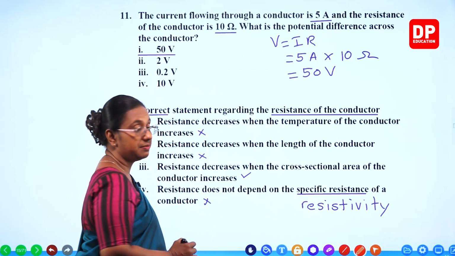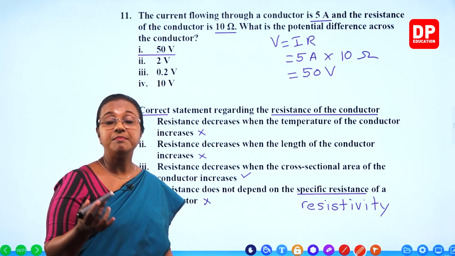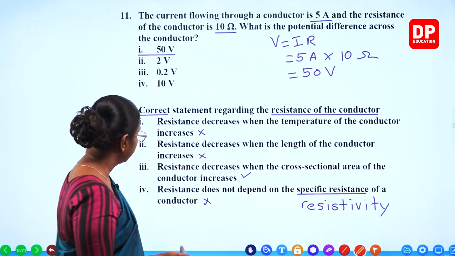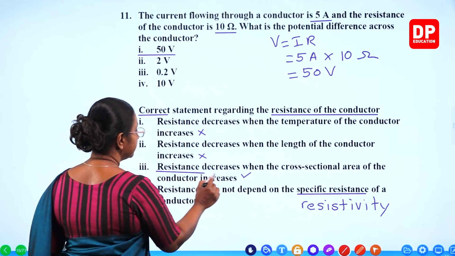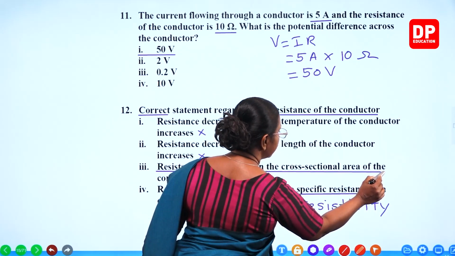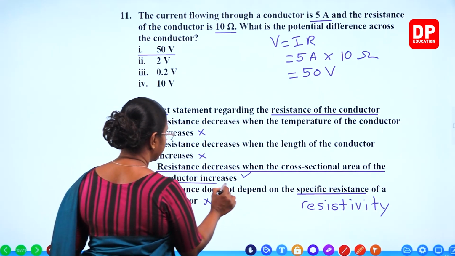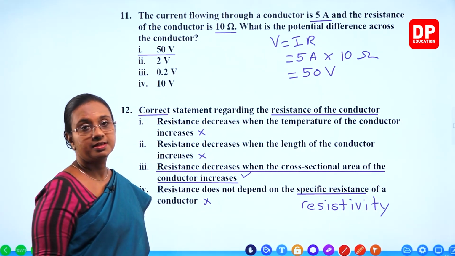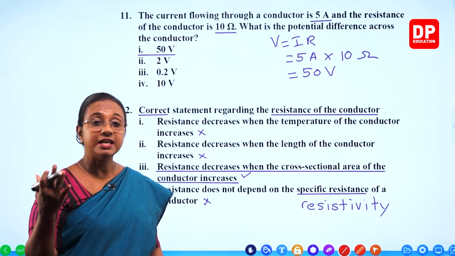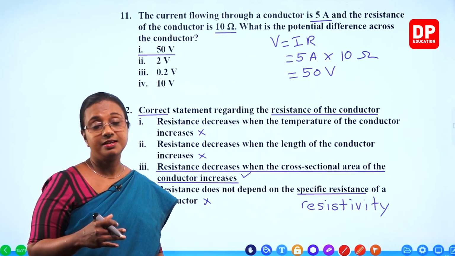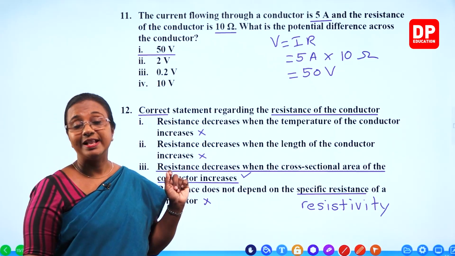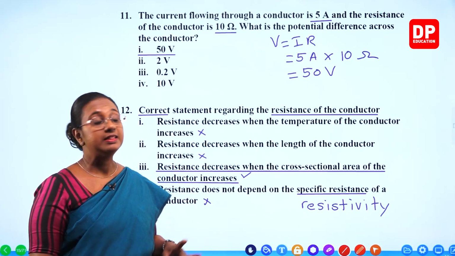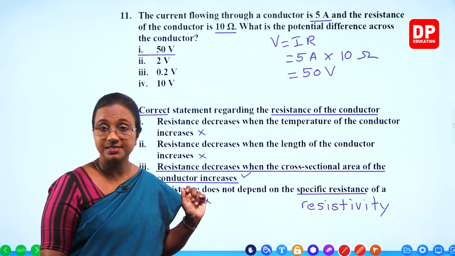Why? It does depend. That is why it depends on the material of the conductor. So the correct statement is that resistance decreases when the cross-sectional area of the conductor increases. So that is the answer for the 12th question. With that, we'll move on to the next question.